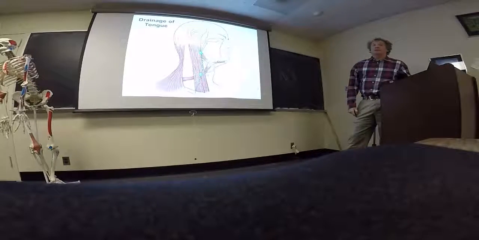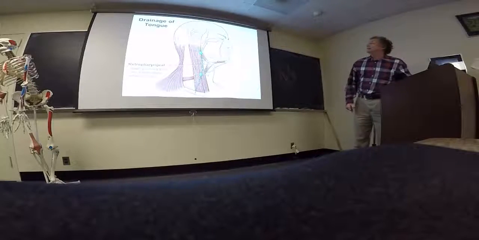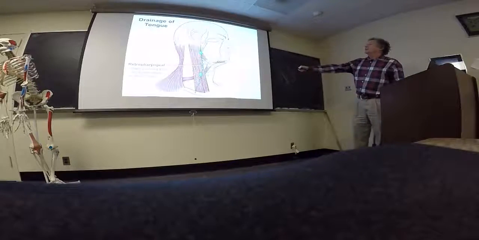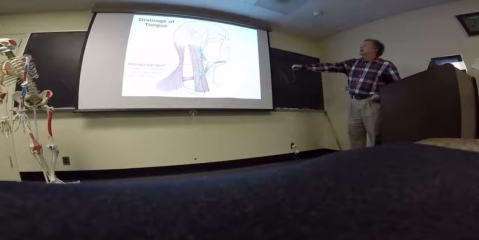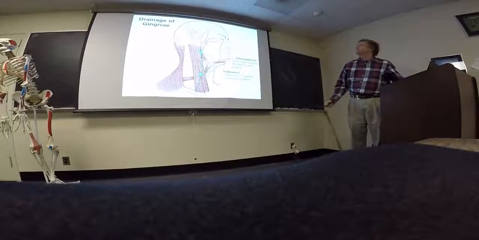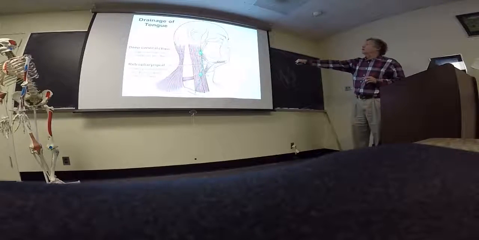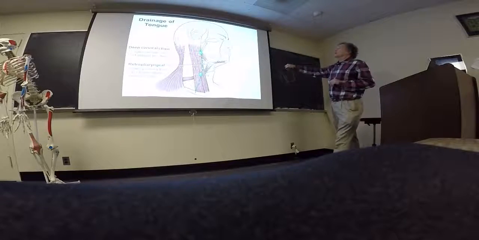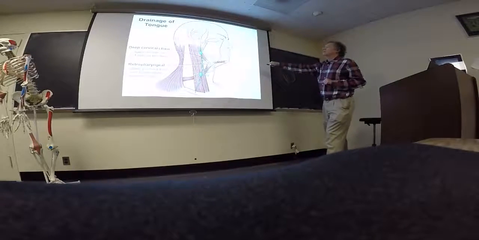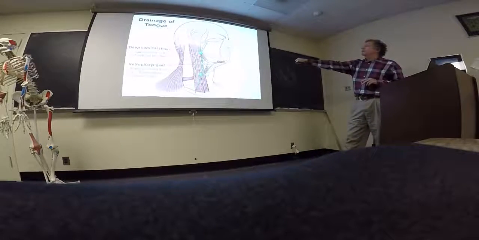The tongue is unbelievable. Retropharyngeal, the posterior part of the tongue drains back into the retropharyngeal area. No surprise. Okay. Middle part of the anterior part of the tongue can drain into deep cervical. Okay, the middle of the tongue.